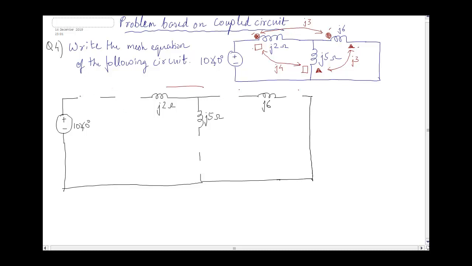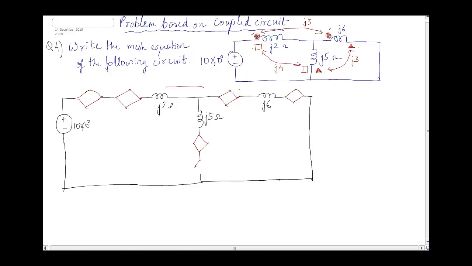And we all know that in each of these gaps there will be a dependent source that has to come, and the only need that we have is to mark the polarity as well as the value of each of these dependent sources.